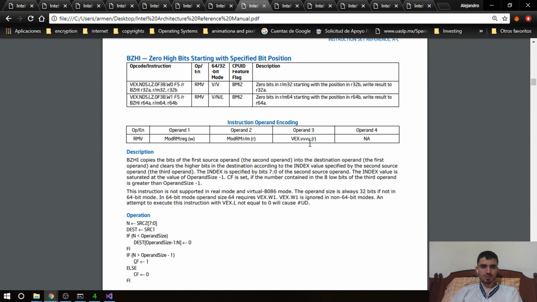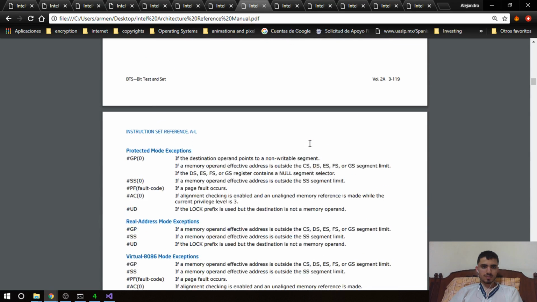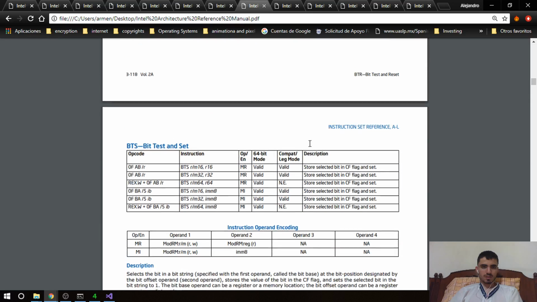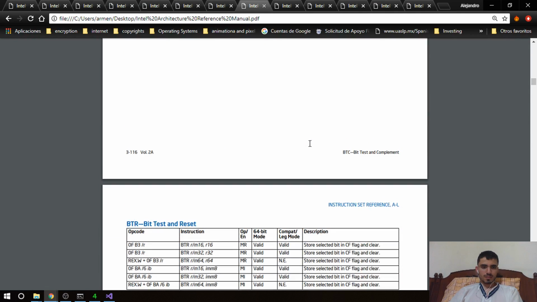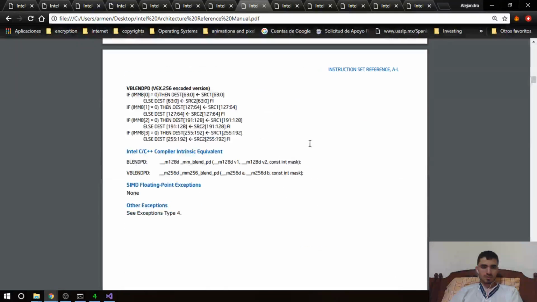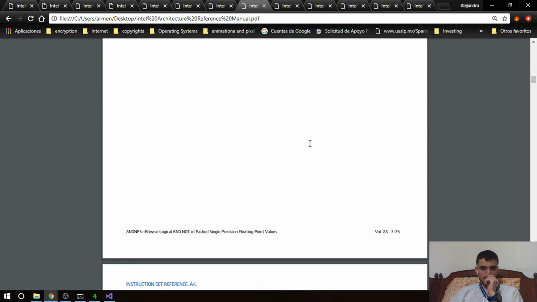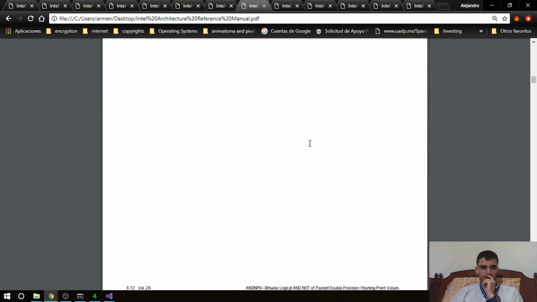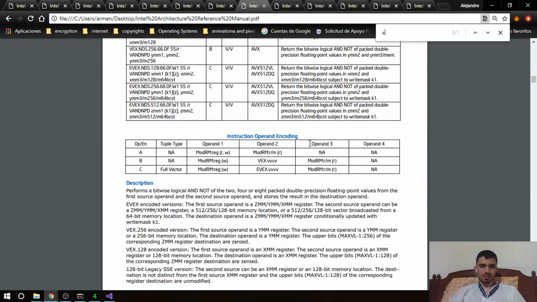Extract high bit starting with specified bit position. Bit test and set. Bitwise logical AND packed. Yeah, okay.